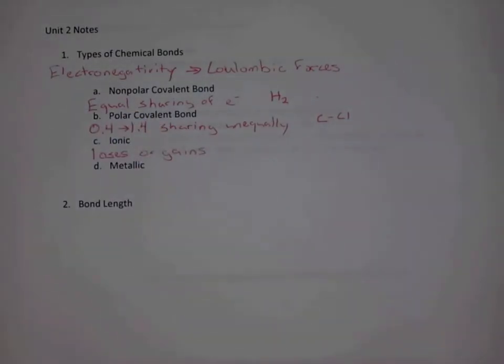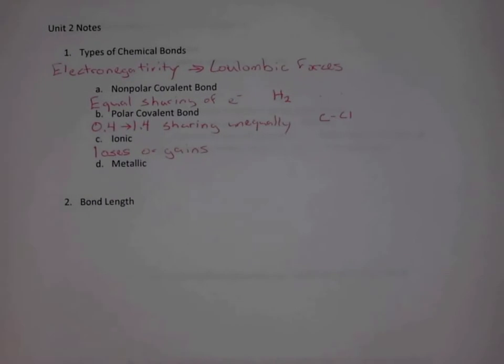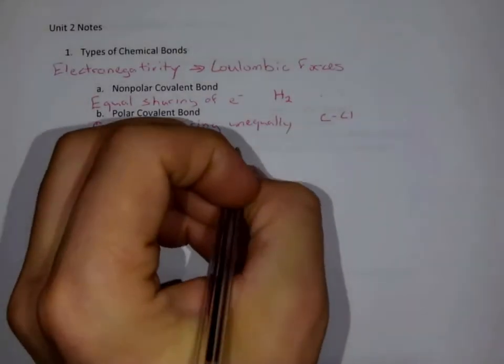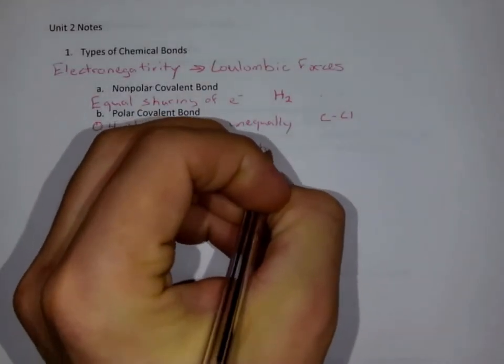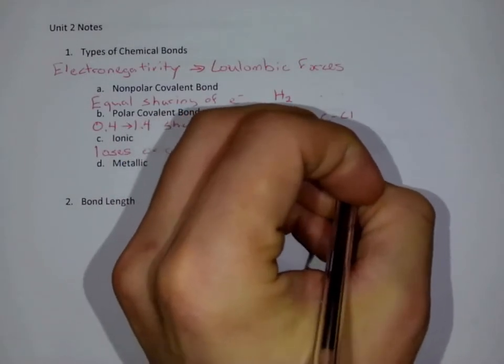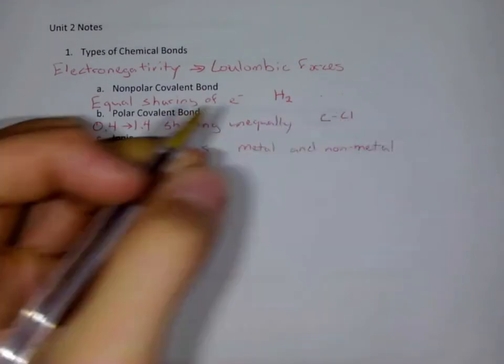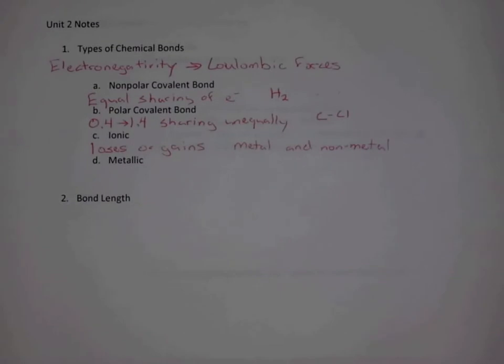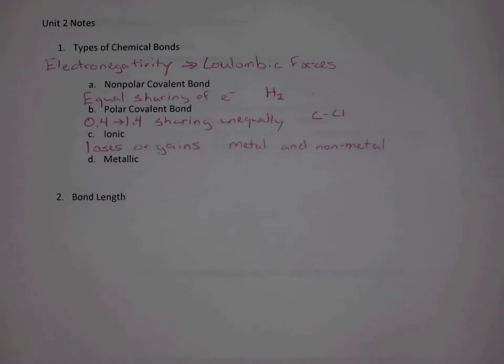And there's a very large difference in the electronegativity, so above 1.4 or even higher than that. Generally, ionic bonds are a metal and a nonmetal. And the metal loses the electron, the nonmetal gains the electron, and they're really not shared at all, okay?